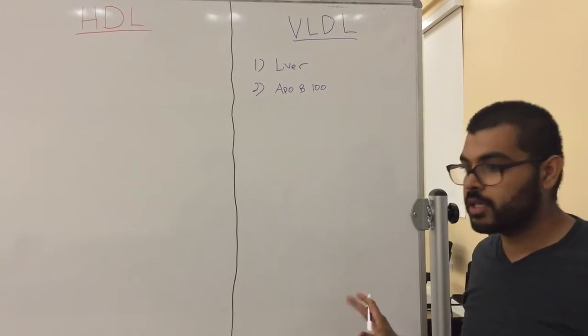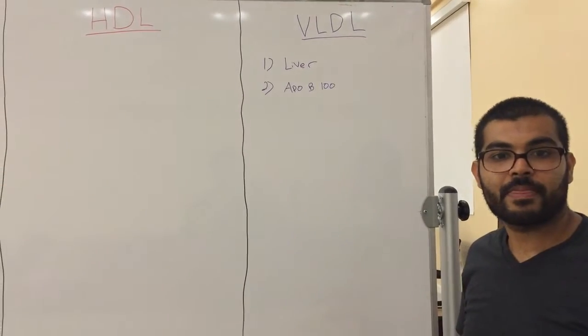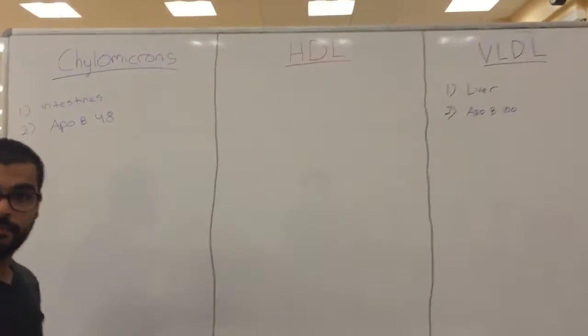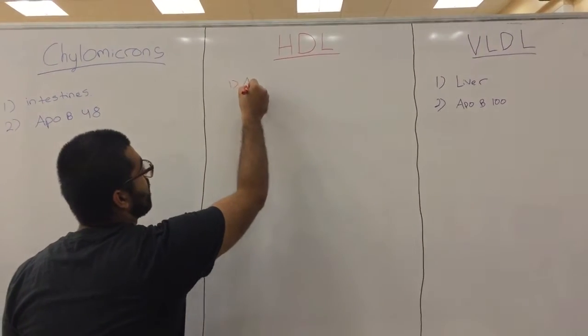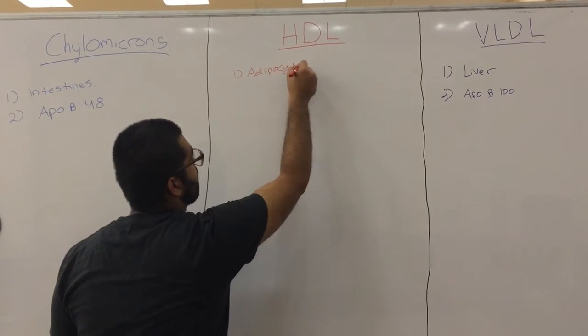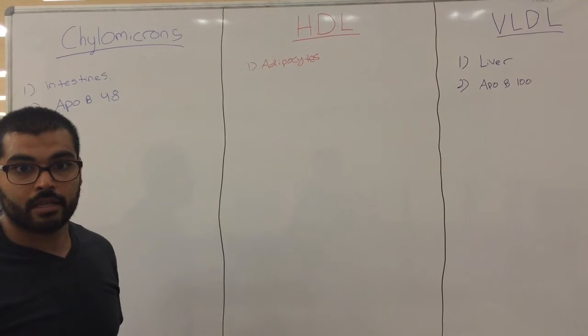Are we clear so far at this point? Now, let's move into our HDL. HDL is produced by adipocytes and our myocytes. Alright?